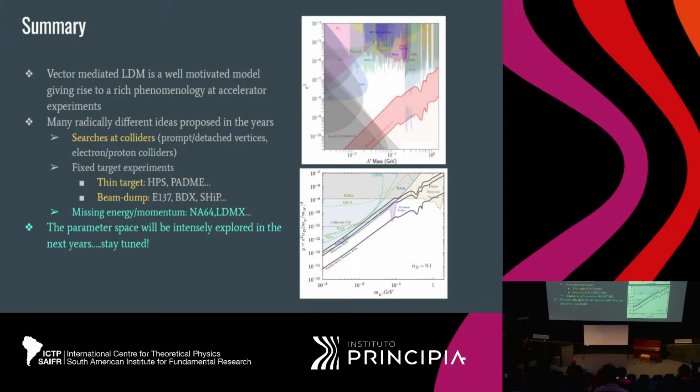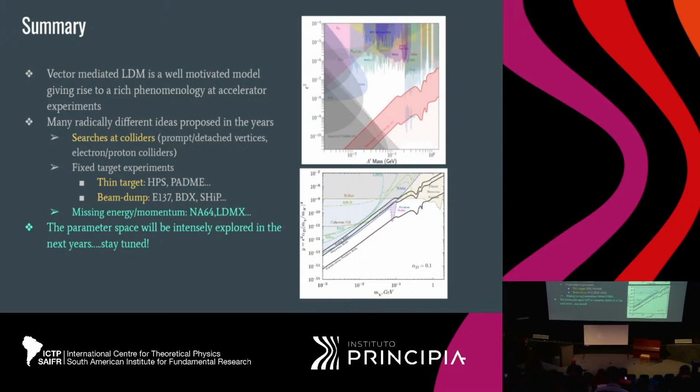And we saw searches at colliders that, for example, in a visible scenario, cover a large part of the parameter space, but also have some possibility to perform displaced vertex searches.